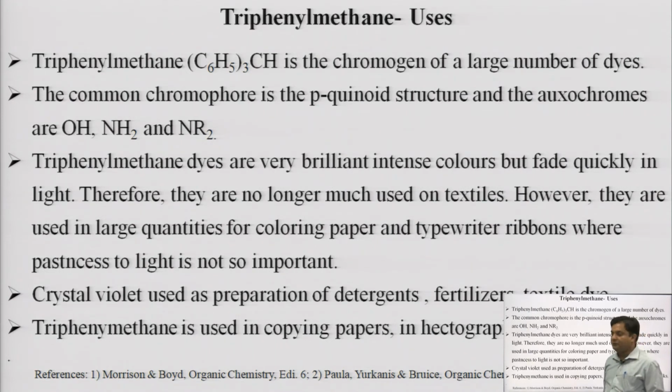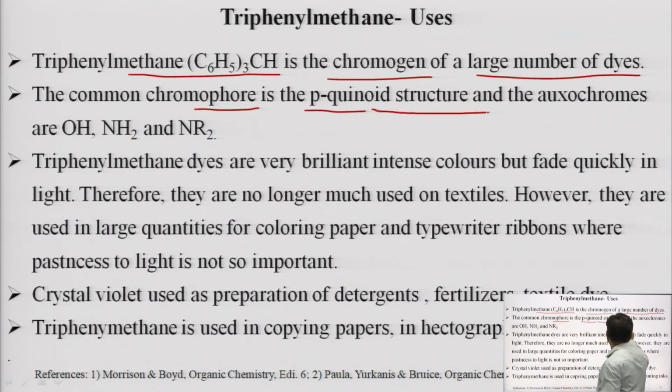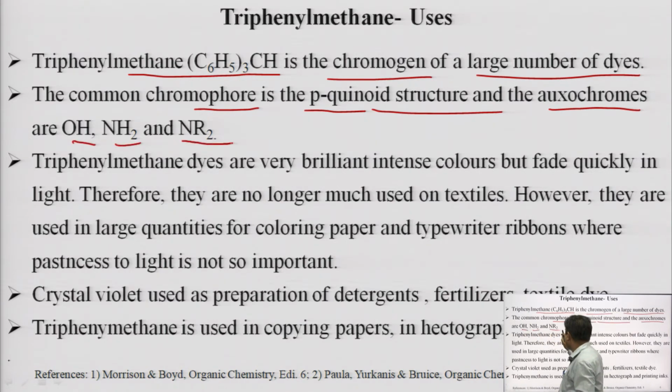Now, come to the uses. As I have told you earlier, triphenyl methane is a very important molecule, because it is used as a backbone for the synthesis of many dyes, which can be used chemically or commercially. So triphenyl methane is the chromogen of a large number of dyes. The common chromophore is the paraquinoid structure, and the auxochromes are the hydroxyl group, amino group, and NR2 substitution.